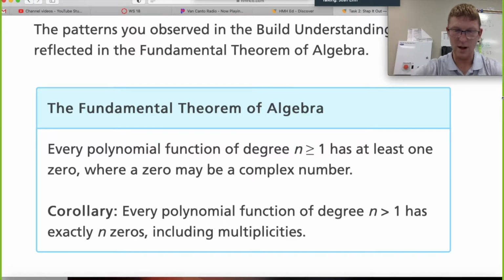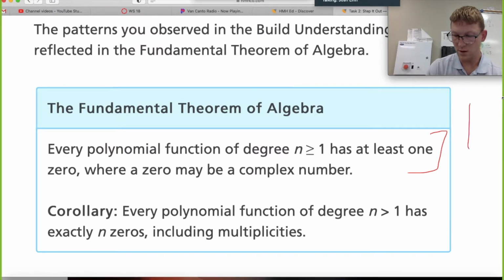Corollary, every polynomial function of degree n greater than 1 has exactly n zeros, including multiplicities.